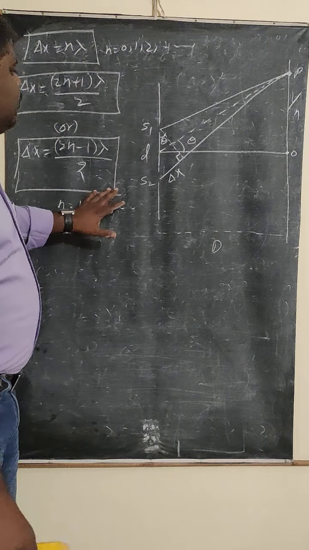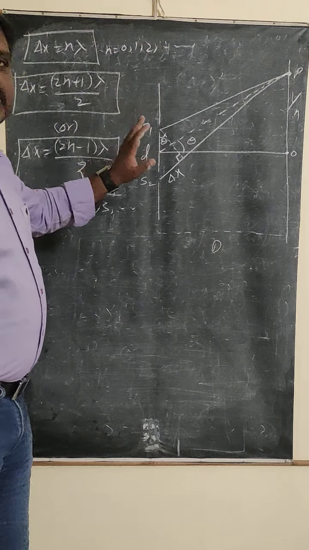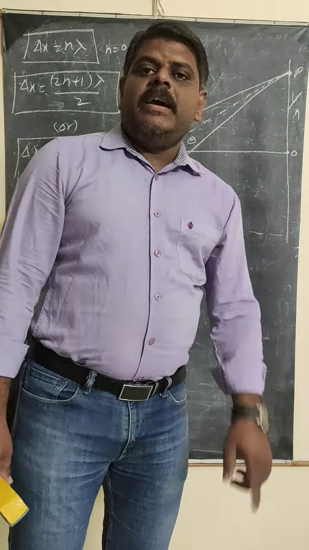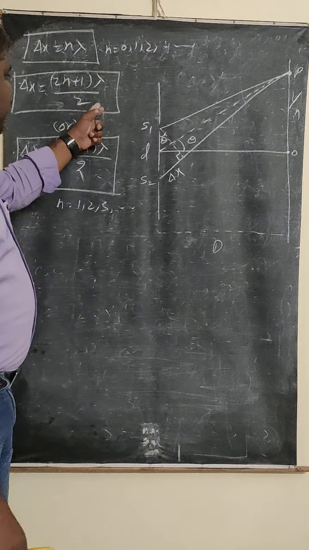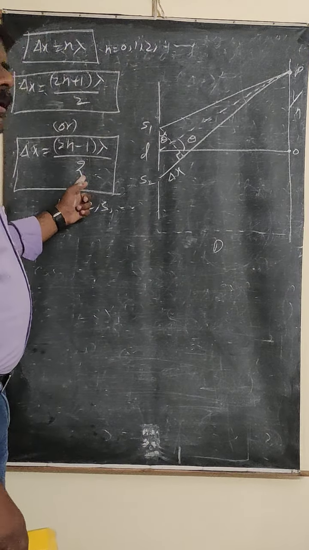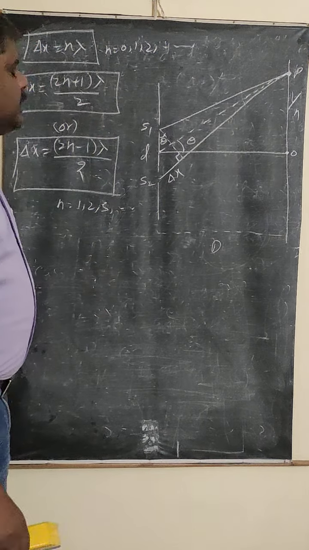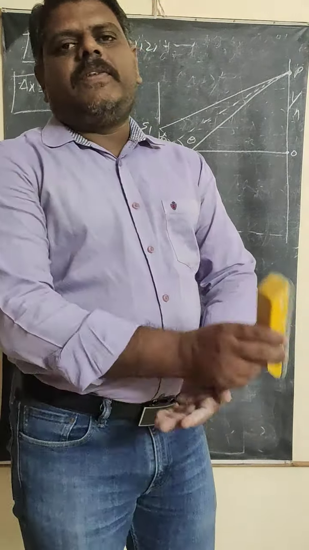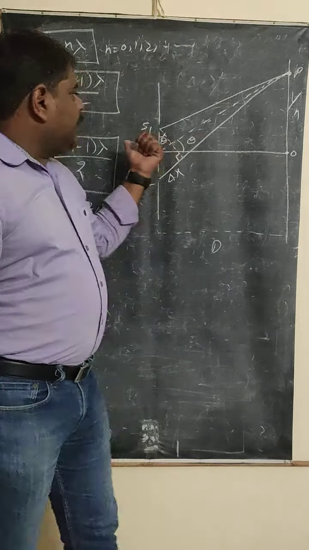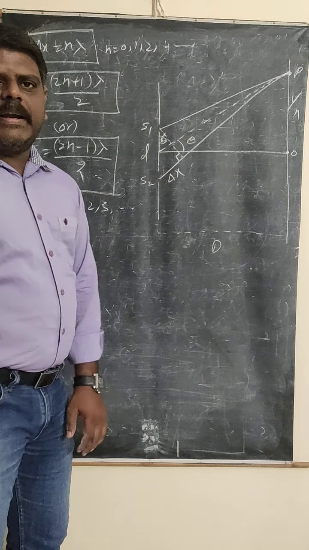This is the very important part to remember while solving problems. So these are the path difference conditions for the bright band and the dark band.